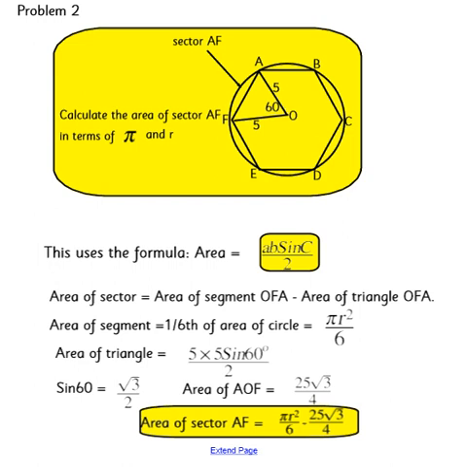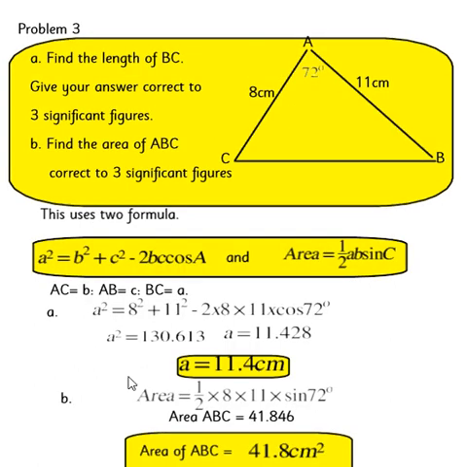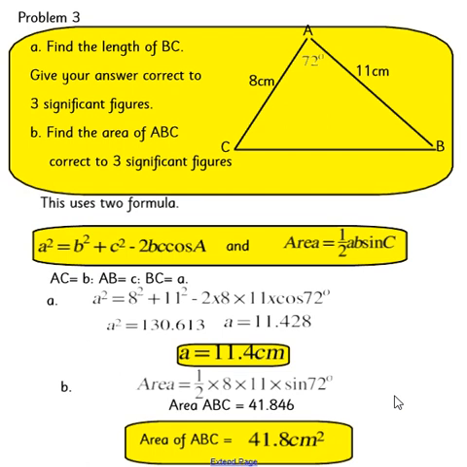Next one is find the area of ABC. You can use this formula, a squared plus b squared.